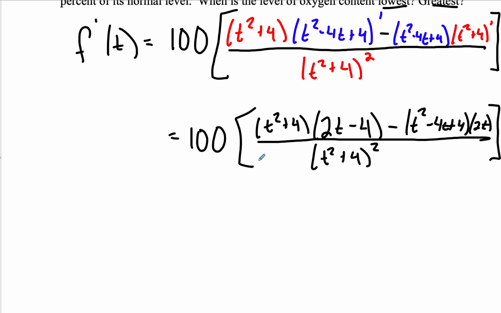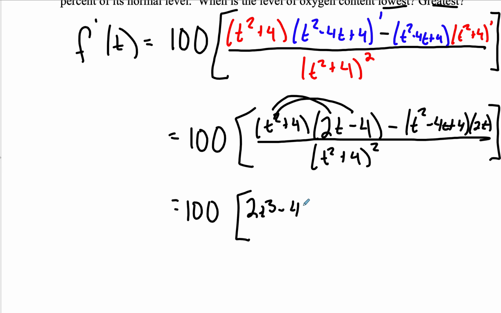All right. So now what I have to do is a little bit of distribution and cleaning up. So I distribute here. I've got 2t cubed minus 4t squared plus 8t minus 16. All right, let's check that again.